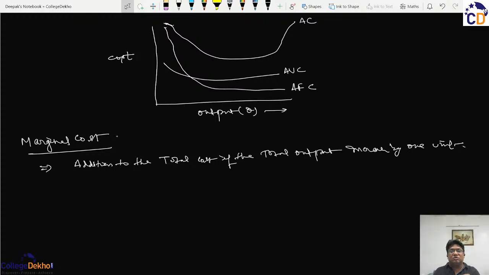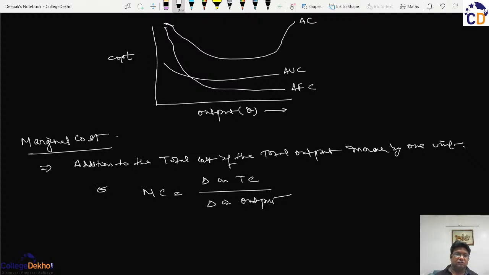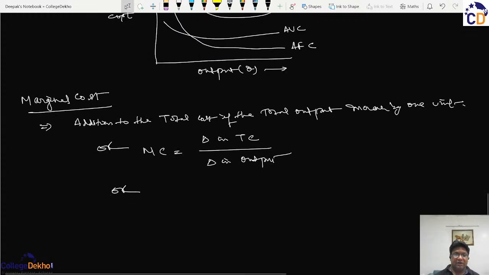We can also say that marginal cost is the change in total cost divided by the change in output. Or we can also say it this way, that marginal cost is equal to the total cost at n number of units minus total cost at one lesser unit.